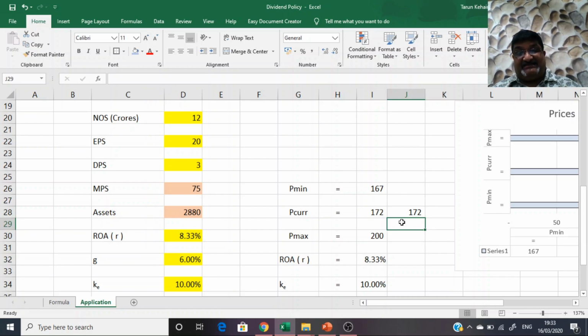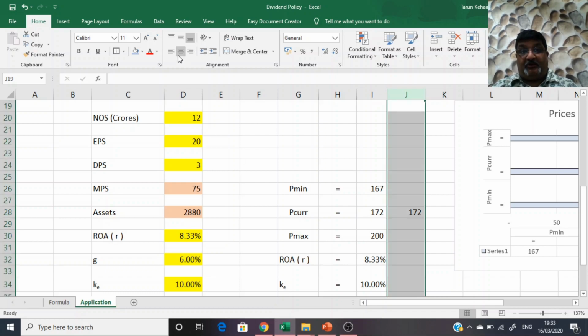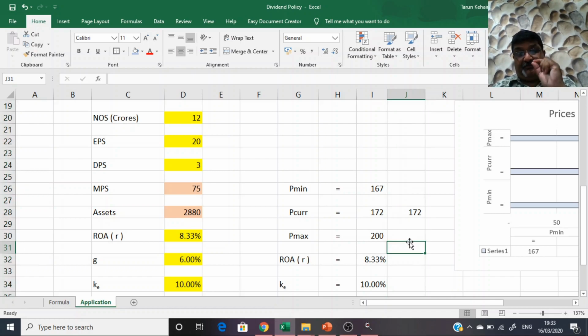Now, is this the maximum price that the company can achieve? The answer is no, because they are not following the appropriate dividend policy. Since the return on the assets is less than the cost of equity, it's better for the company to distribute the dividends so that the shareholders can reinvest these profits outside and earn their expected return of 10%.